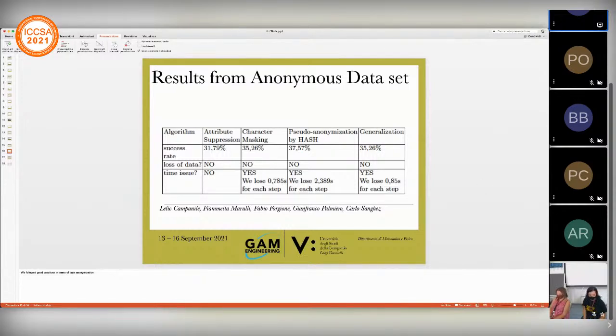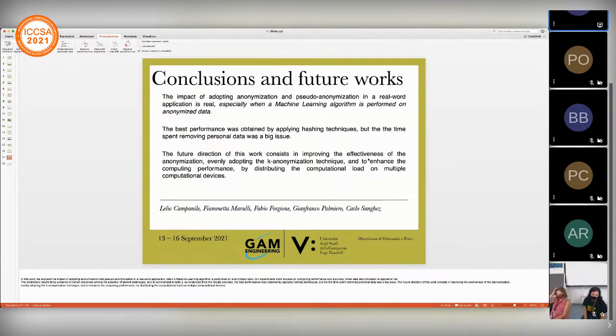As a consequence of this, first we saw that when we work on a real world application like the Fiber use case study, you see the impact of the anonymization, and in our case the impact was real.